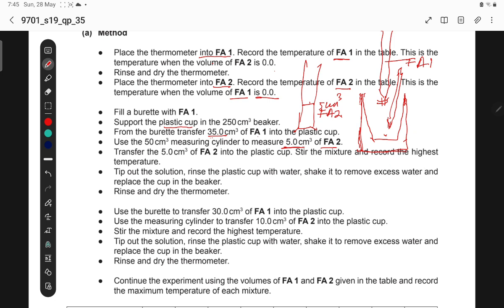Tip out the solution, rinse the plastic cup with water, shake it to remove excess water and replace the cup in the beaker. Rinse and dry the thermometer. So the thermometer also should be rinsed and dried.